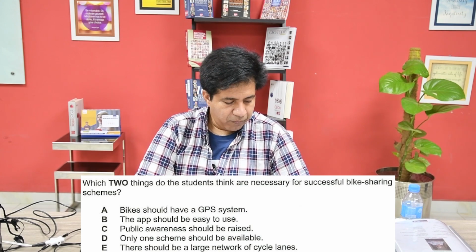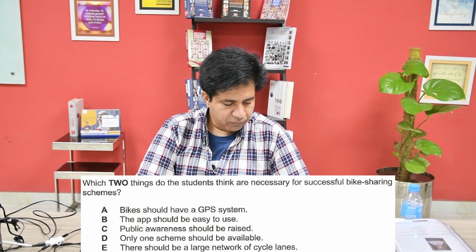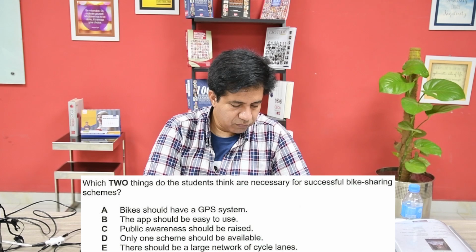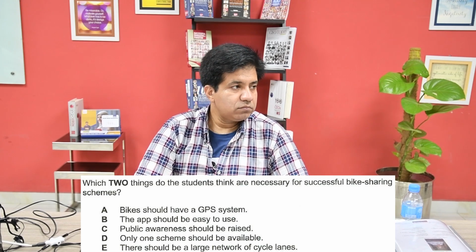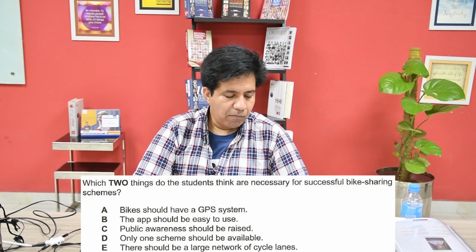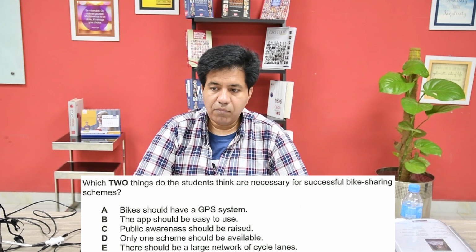But there are examples of successful schemes where this hasn't happened. What does matter though is having a big publicity campaign. Definitely. If people don't know how to use the scheme or don't understand its benefits, they won't use it. People need a lot of persuasion to stop using their cars.